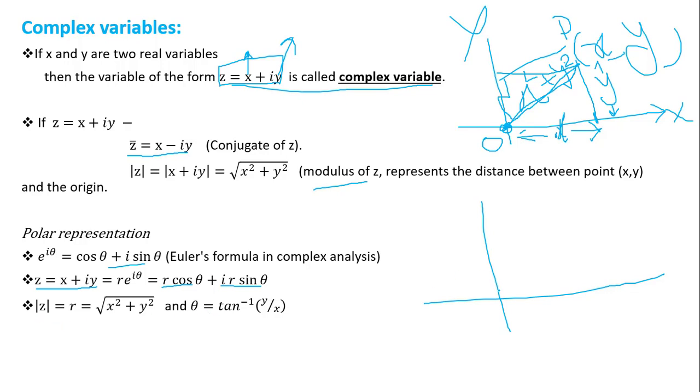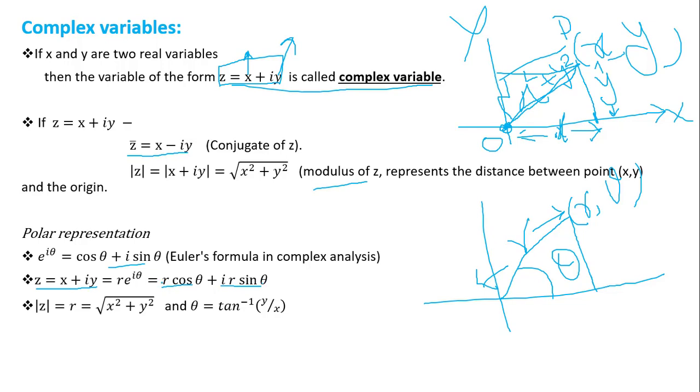In polar representation we represent this by r comma theta. Yes, this is r and this is theta.